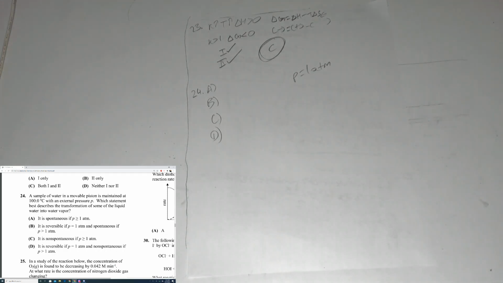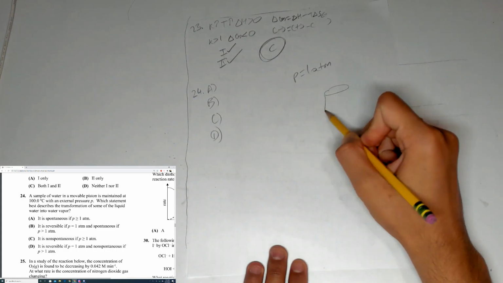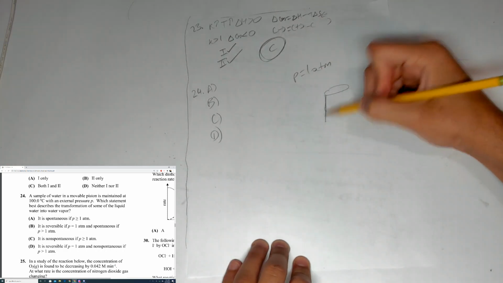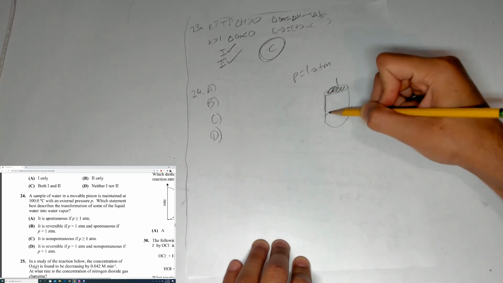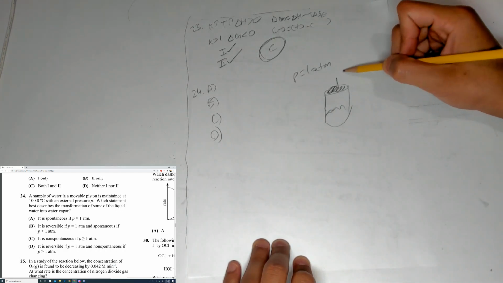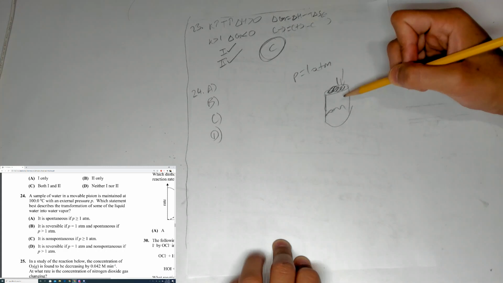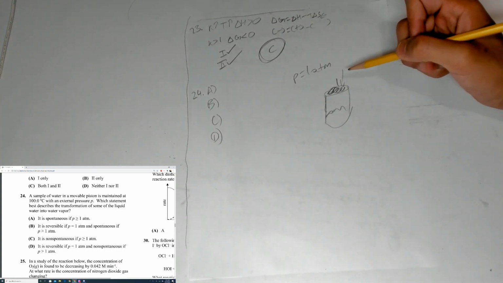Now we can cross out A and B. The reason why we can do that is, think about it. We have our own container with a movable piston. If the external pressure is greater than 1, that means the volume will be smaller and the pressure inside will be greater than 1, right?